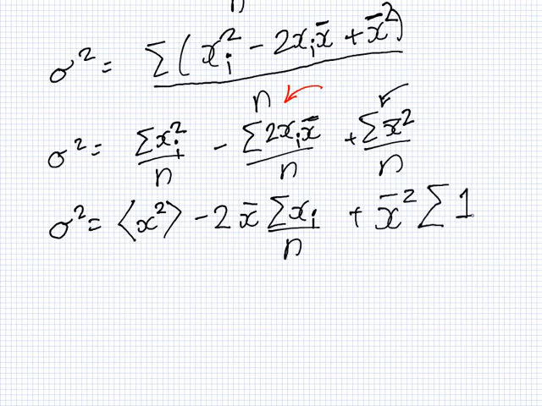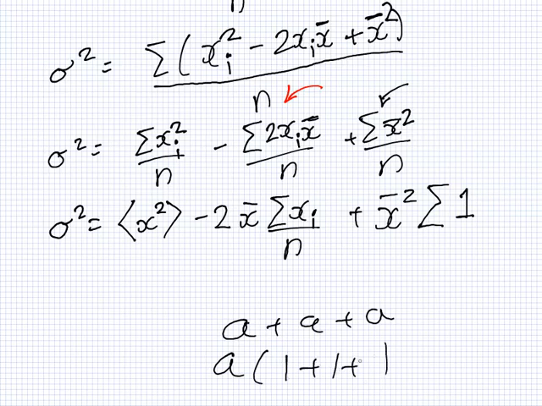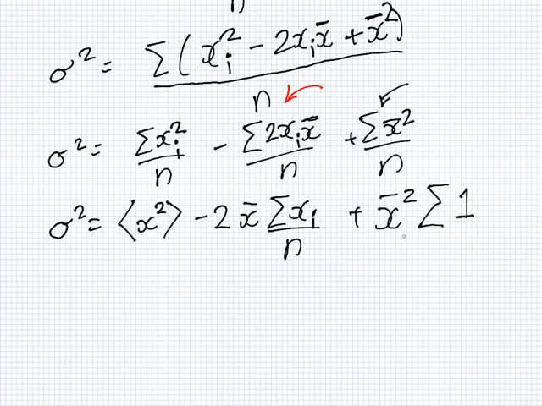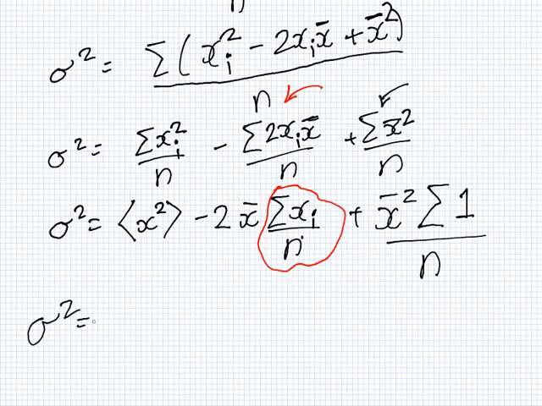Just a 1. So if you have, for example, A plus A plus A, and you take out A, what are you left with inside? 1 plus 1 plus 1. So you're just left with 1. Okay, have a look here. What is this thing here? Add the x's up and divide by n. What is it? The average.